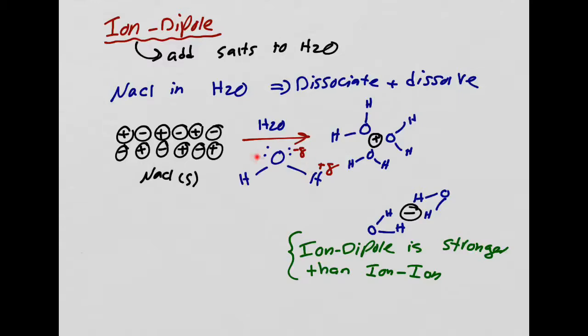Now, water, which has a dipole, was able to come and break this up, and now I have an ion dipole force. So ion dipole was stronger than ion-ion, and that's why water could break it up. The ion-ion forces weren't that strong. The ion dipole is stronger, so water could break it up.